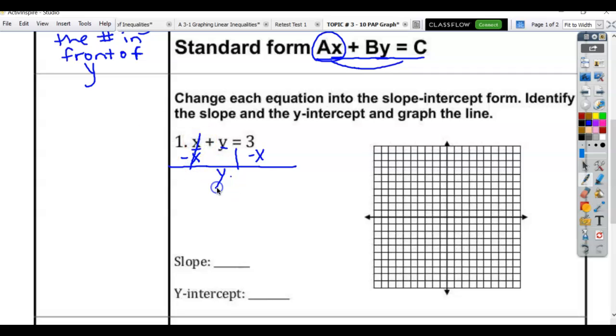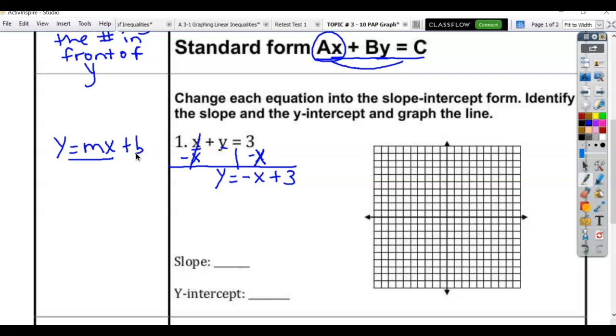So then you're going to have y equals negative x plus 3. You can't put the 3 and the negative x together because they are not like terms. To keep it in slope-intercept form, your x is always closest to the equal sign. So we want to put that one down first, then we're going to put the plus 3.